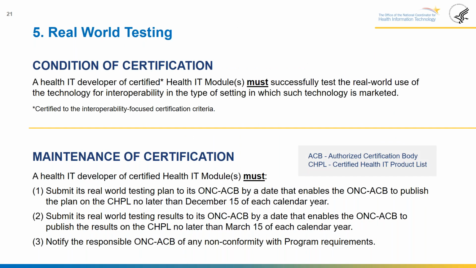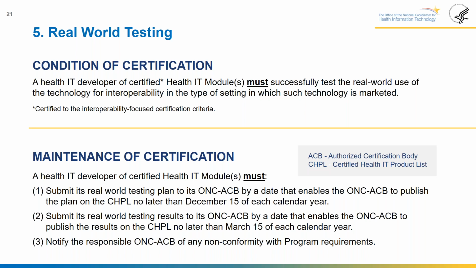So the fifth condition is the real world testing. This condition is about making sure that these functionalities that are certified continue to actually work as anticipated in the field. So it requires developers to test their products in a real world setting and also to comply with maintenance requirements like submitting a real world testing plan.